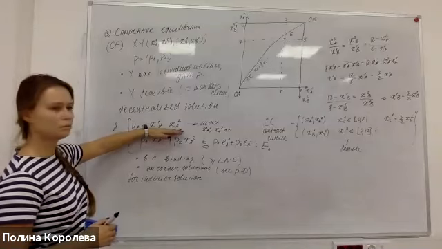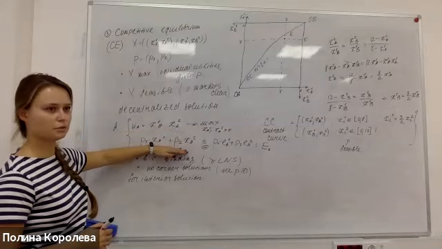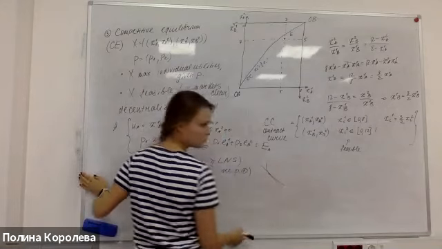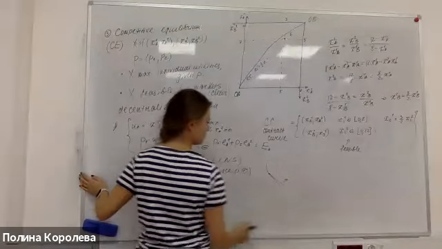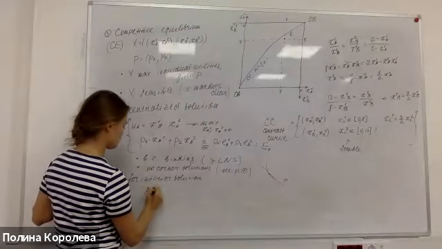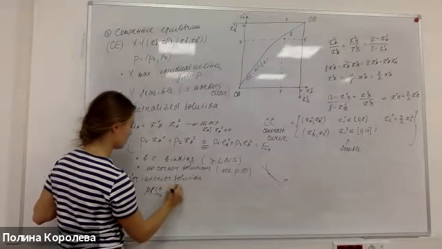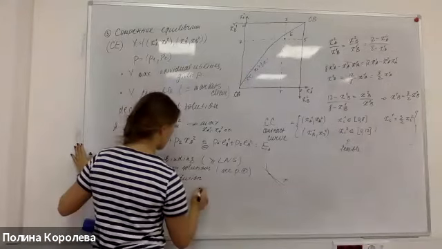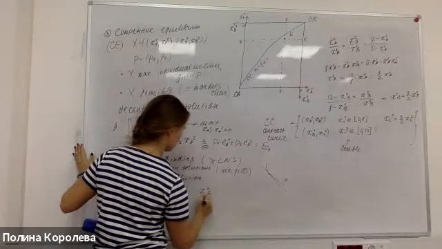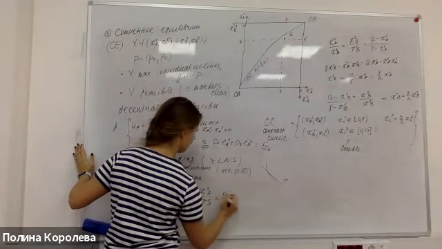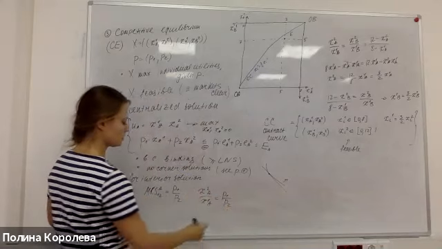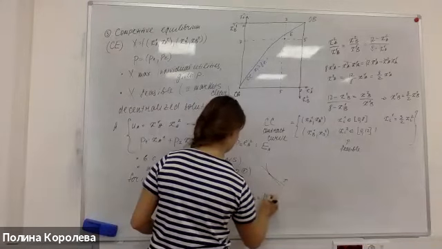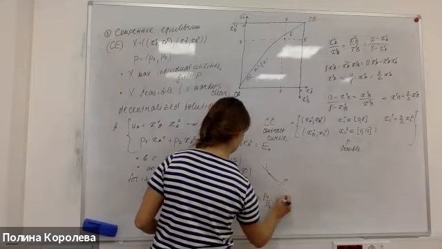The marginal rate of substitution should be equal to the price ratio. You remember? This is the budget constraint, this is the indifference curve, this is the optimality condition. So the marginal rate of substitution of individual A should be equal to the price ratio. Let's write it: X2A divided by X1A should be equal to P1 divided by P2. From here we express X2A equal to P1 divided by P2 multiplied by X1A.